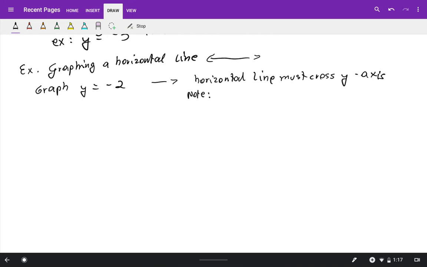So note what we're going to do. We're going to find -2 on the y-axis, which is technically the y-intercept, and draw the horizontal line, which will cross the point 0, -2.